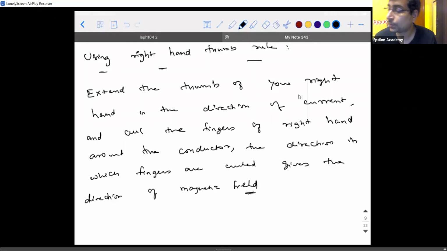Please write it down. Extend the thumb of your right hand in the direction of current and curl the fingers of your right hand around the conductor. The direction in which the fingers are curled gives the direction of the magnetic field. Okay.